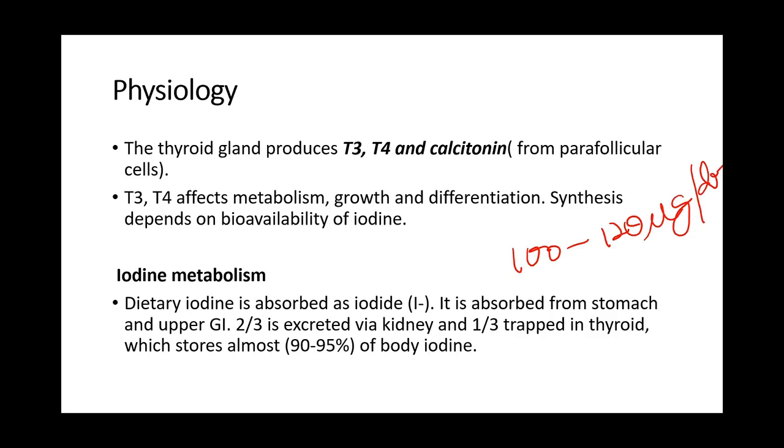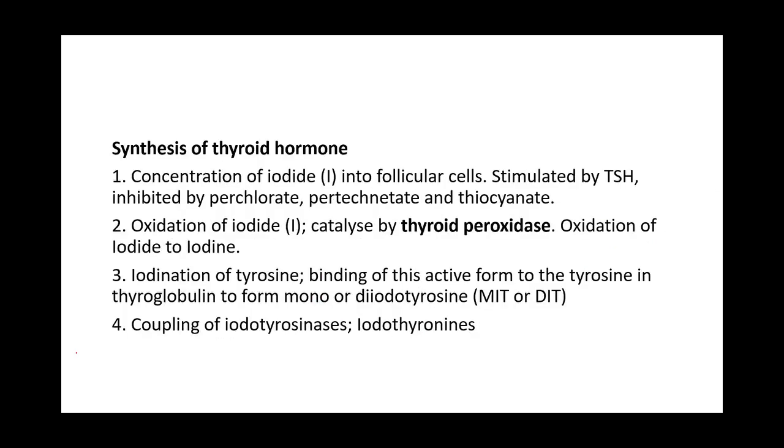Now, it is absorbed from the stomach and upper gastrointestinal tract. 2/3 is excreted via the kidney and 1/3 is trapped in the thyroid gland, which stores almost 90 to 95% of the body iodine. You should know that the thyroid gland is the main store for body iodine. Now you should know the dietary iodine is absorbed as iodide.